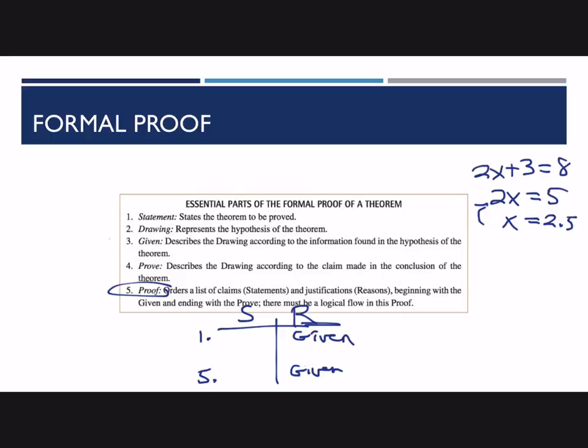So each statement follows directly from the one before. In geometry proofs, that's not always the case. So sometimes you can jump around, and you could have, for instance, statements 2 and 3 both depend on statement 1, the given, but 2 and 3 are not related to each other at all.